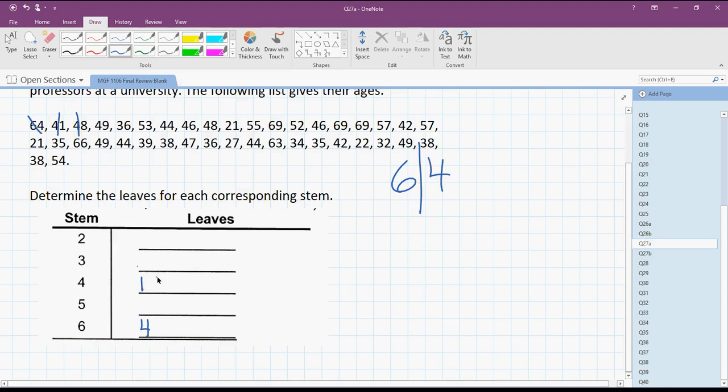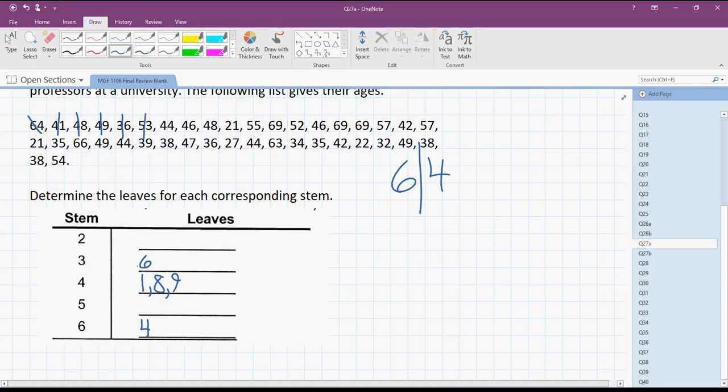So 48, there is an 8 under the 4. So then at 49, we've got a 9. You do not have to put these in order. At 36, we'll have a 6 at 3. And I'll show you that it doesn't have to be in order.